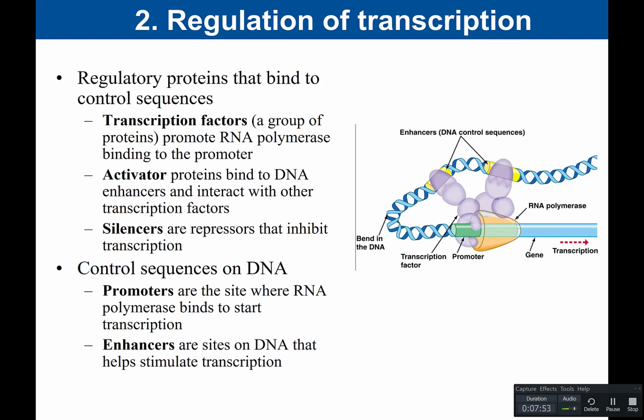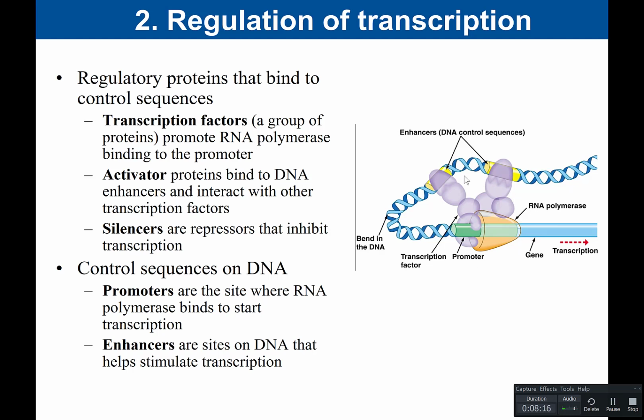This complex is going to initiate transcription and helps facilitate RNA polymerase to bind to the promoter. You can see here, these yellows, these are the enhancers, and then we have the activator proteins that bind and help bring RNA polymerase to the promoter and stabilize it there.